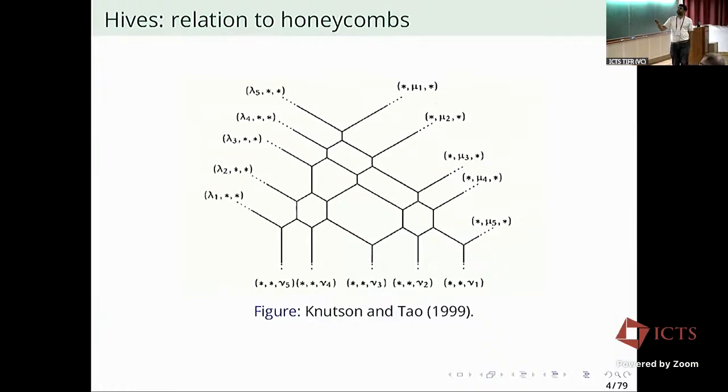In fact, these honeycombs have all their angles to be 120 degrees. And these lengths, as I said, represent the slacks in the inequalities.